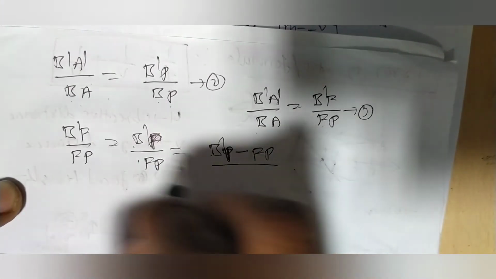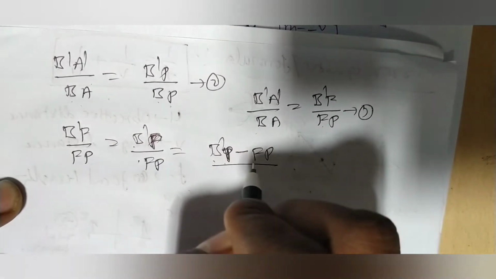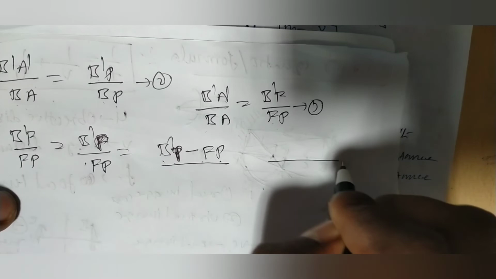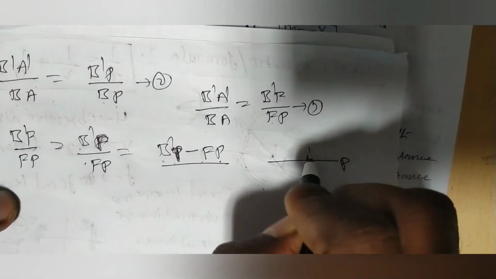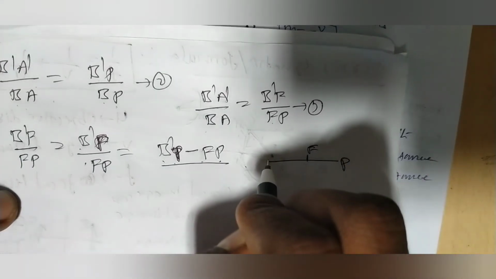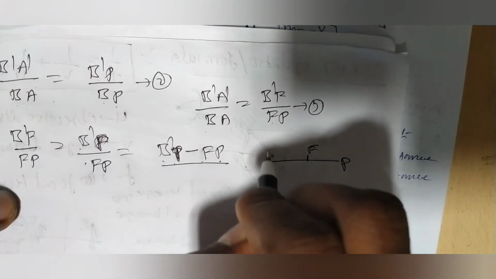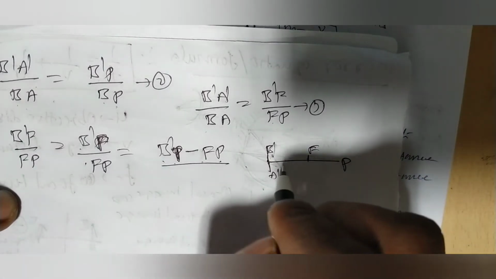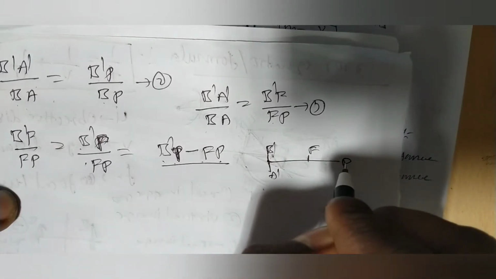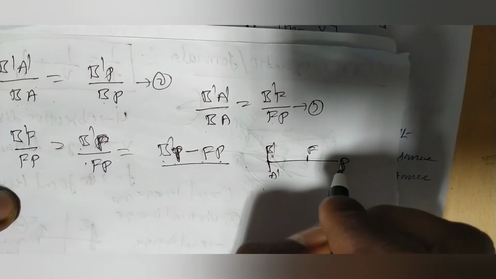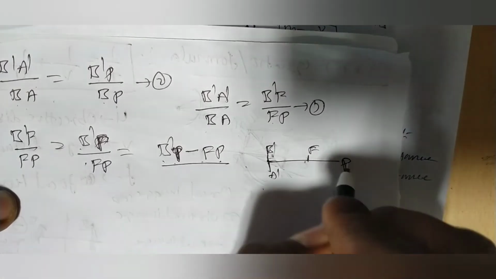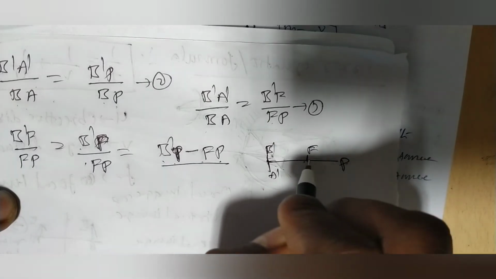That can be written as b dash p minus f dash p. From the diagram here, that is p is there, f is there, this b dash, it is a dash b dash, that is b dash f is equal to b dash p minus this one.